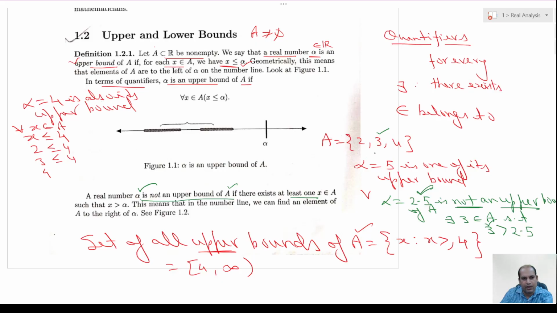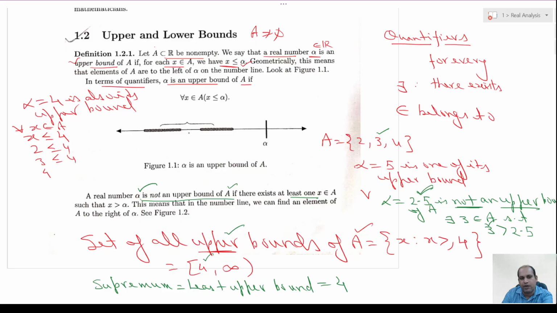So, among all these upper bounds, 4 to infinity, the smallest, the least upper bound, is called the supremum. We will look at its detail: the supremum of a set is basically the least upper bound, and in this particular case it is 4. So the technique is, first of all, to look at the existence of at least one upper bound.